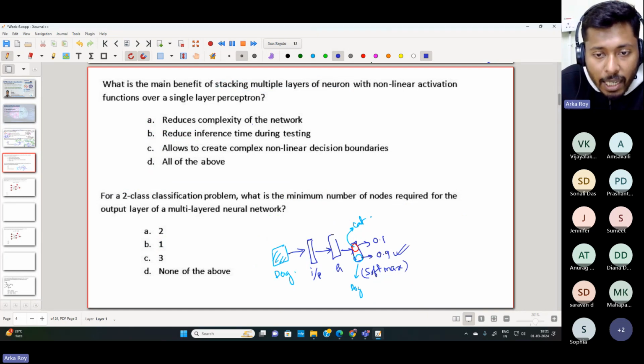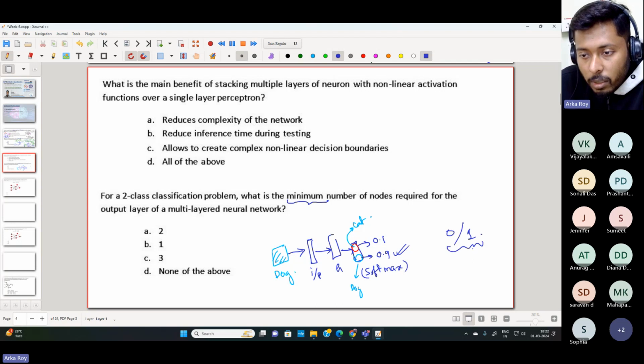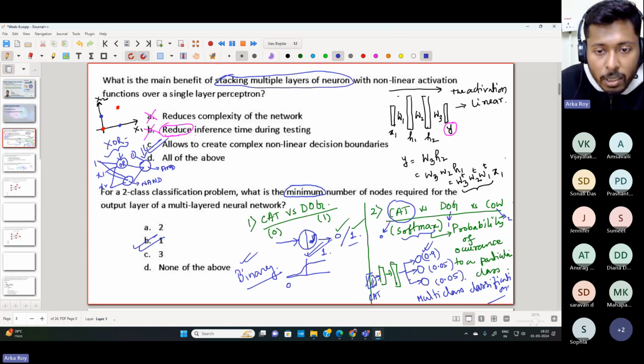But because they have mentioned the minimum number of neurons, you just need to generate whether it belongs to the 0th class or the first class. Therefore, to get either 0 or 1 representation, we use the sigmoid function. So the answer will be 1, because it is written that minimum number of nodes required. You can use both sigmoid and softmax function.